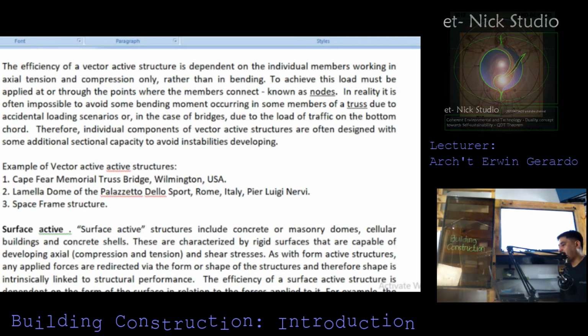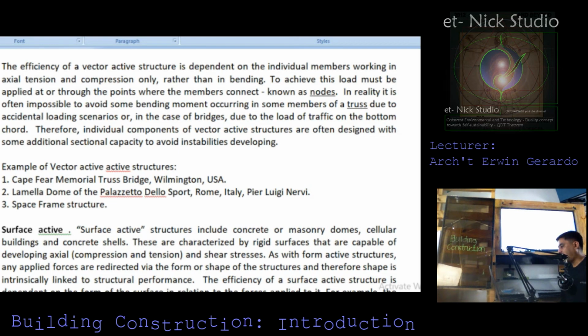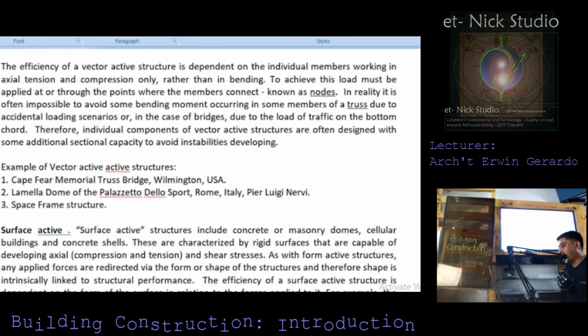In reality, it is often impossible to avoid some bending moment occurring in some members of a truss due to accidental loading scenarios, or in the case of bridges, due to the load of traffic on the bottom part. Therefore, individual components of vector active structures are often designed with some additional sectional capacity to avoid instabilities developing.